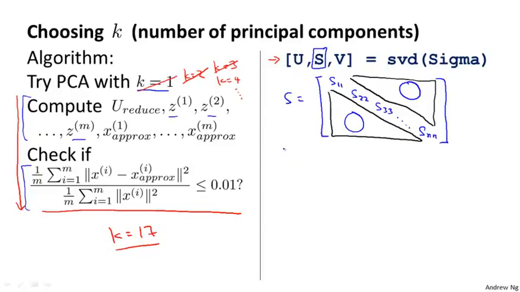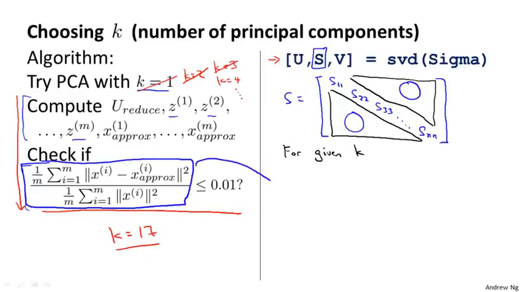It is possible to show, and I won't prove this here, that for a given value of k, this quantity over here can be computed much more simply, as 1 minus the sum from i equals 1 through k of Sii divided by the sum from i equals 1 through n of Sii.